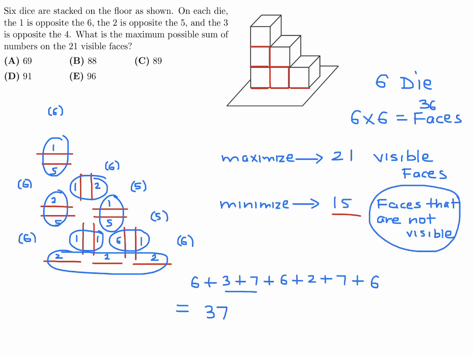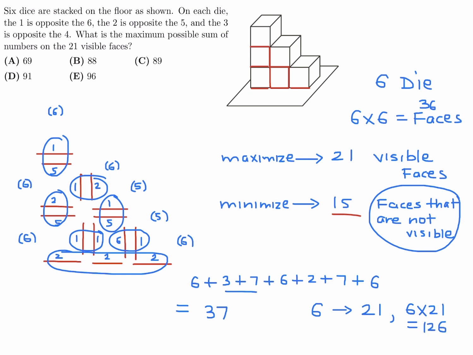But what about the faces that are visible? Well, what's the total amount? The total amount, since we have 6 dice, and each die has, if you add up the faces 1, 2, 3, 4, 5, 6, that totals 21. The total is 6 times 21, and that is 126.